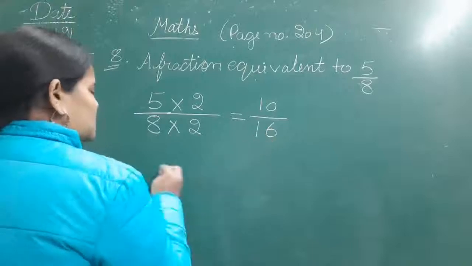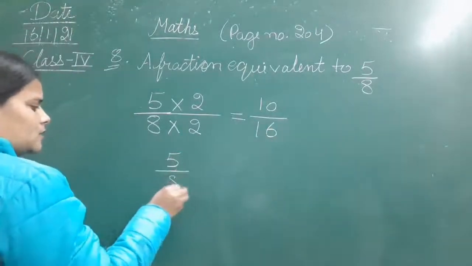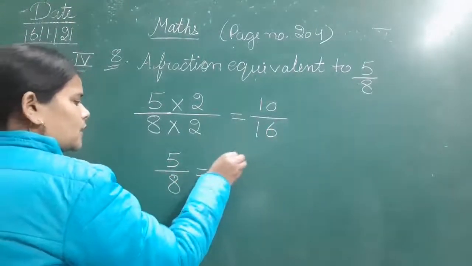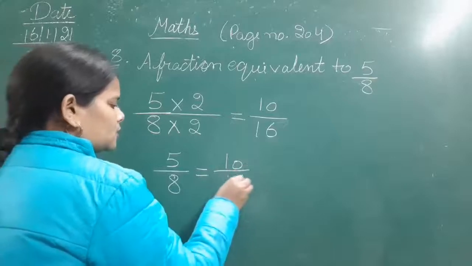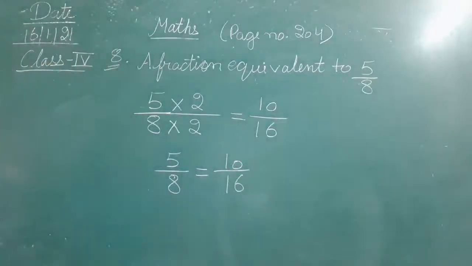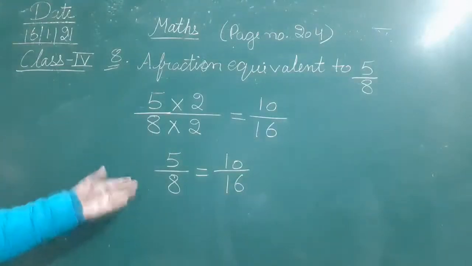So 5/8 is equal to 10/16. If we multiply the numerator and denominator with the same digit, you can easily find a fraction equivalent to 5/8. That's what I have done here.